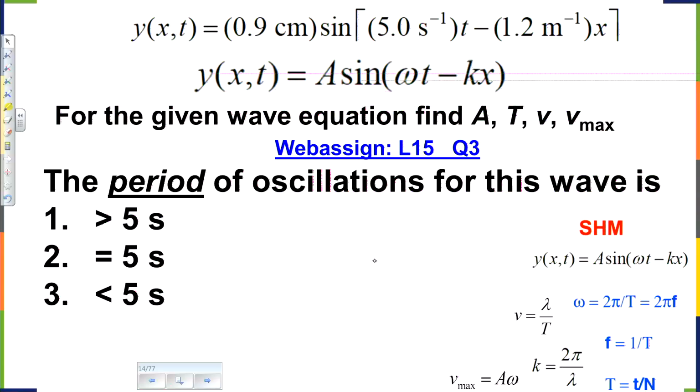So in PY 105, we had a slide with many variations of the motion equation for simple harmonic motion. And we know that it doesn't matter if we use a sine or a cosine. What we can't use is tangent or cotangent, but sine or cosine always represents simple harmonic motion.